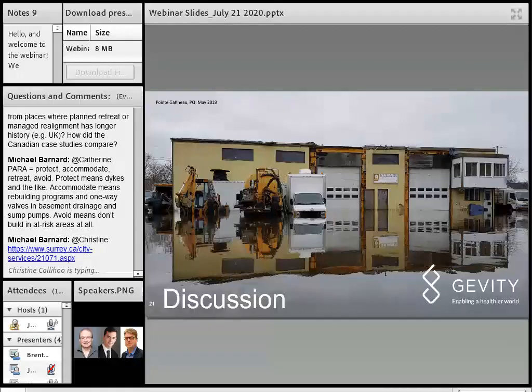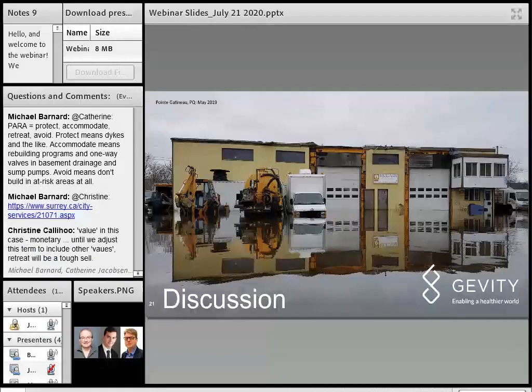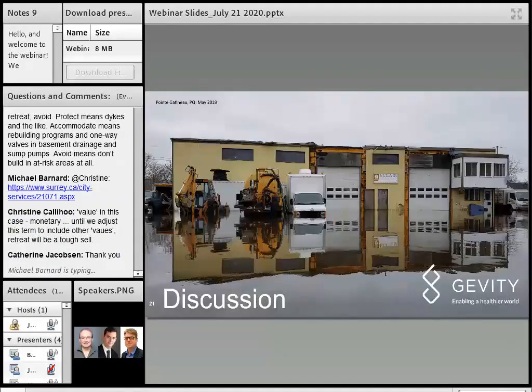Should there be a cap on planned retreat compensation, or should it just be based on pre-disaster home values? Some communities have chosen to give compensation based on post-disaster values. So that's a discussion, I think, that's very specific to post-disaster retreat. And there's probably a different discussion about pre-disaster or just generally climate change adaptation.